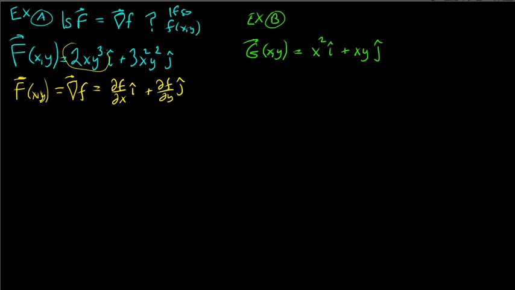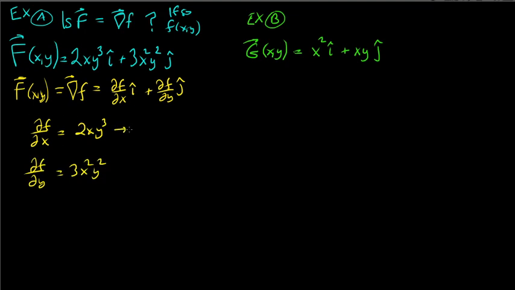We equate the i component, and let's write that down: the partial of f with respect to x is 2xy cubed. Likewise, the j component has to equal 3x squared y squared. So the y partial of f is 3x squared y squared.